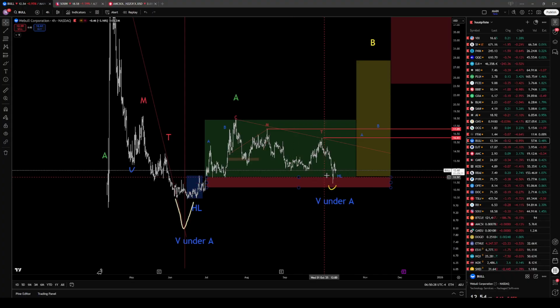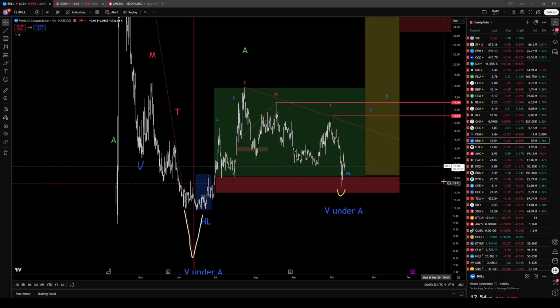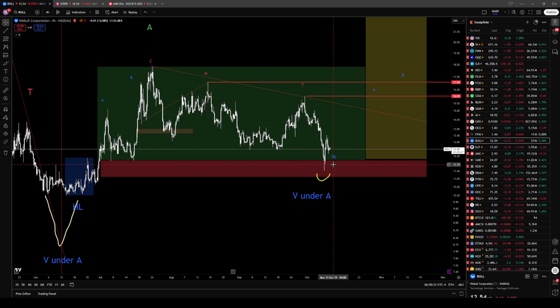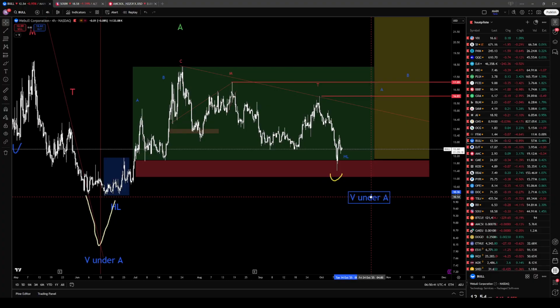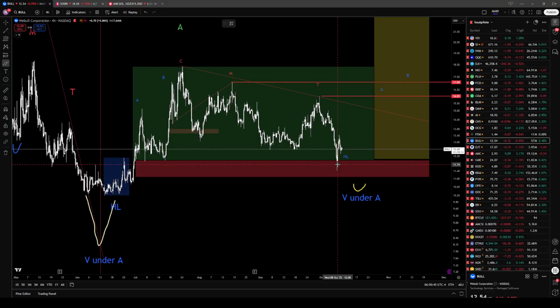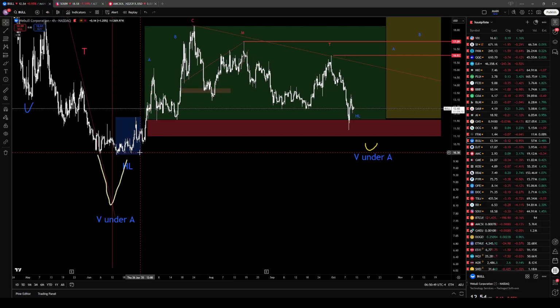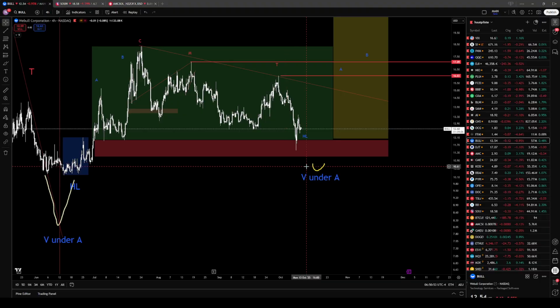And our next run is B. If we are breaking these levels, yeah, well, then I don't think we would. But then we are just looking for a new V under A. And we go. I don't think that we will make a new low. So it would be something in here for the new V, higher low, and then we go.